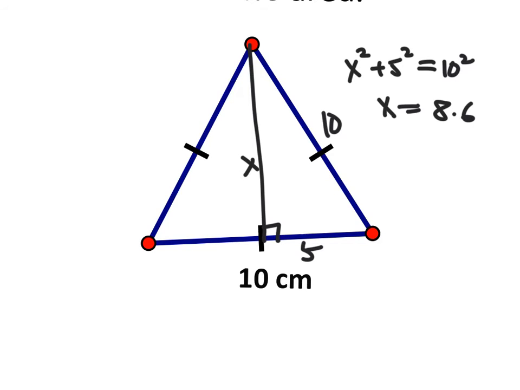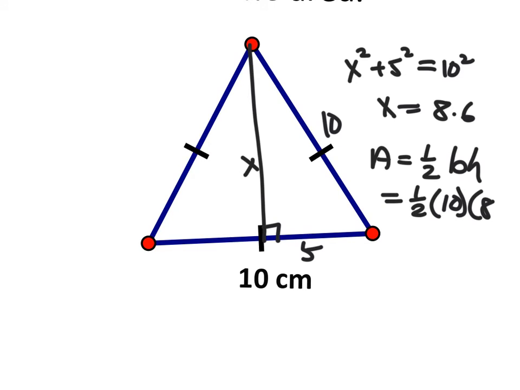With that 8.6 value, the area of a triangle is 1/2 base times height. So that's 1/2 times the base, 10, times the height of 8.6. Multiplying that out, we'll get approximately 43.3 square centimeters.